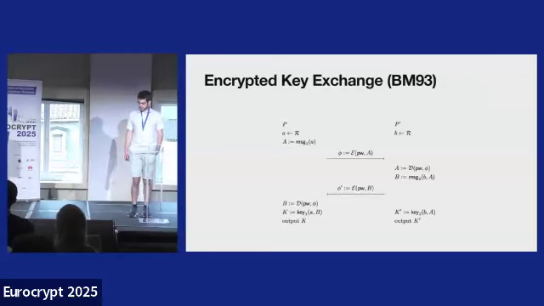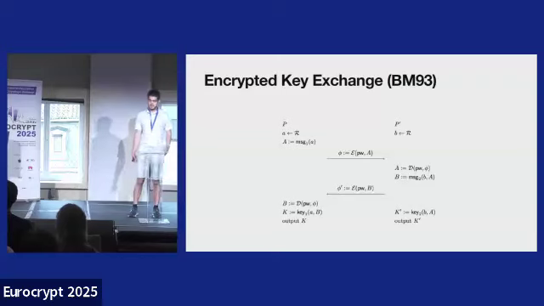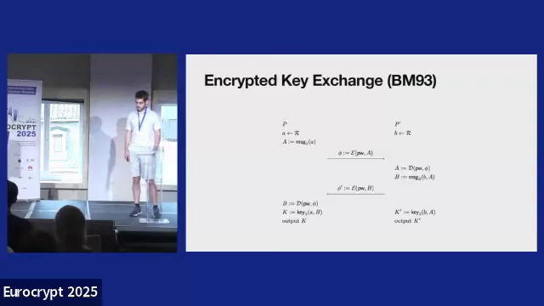So, same thing, encrypted key exchange. We're doing a key exchange, but we're just encrypting all of our messages under some password. Usually, or at least initially, this is just encryption under an ideal cipher, but we'll see other modes of encryption as well, and this ends up kind of mattering. This is from quite a while ago, from 1993. This is the first PAKE paradigm that was proposed.